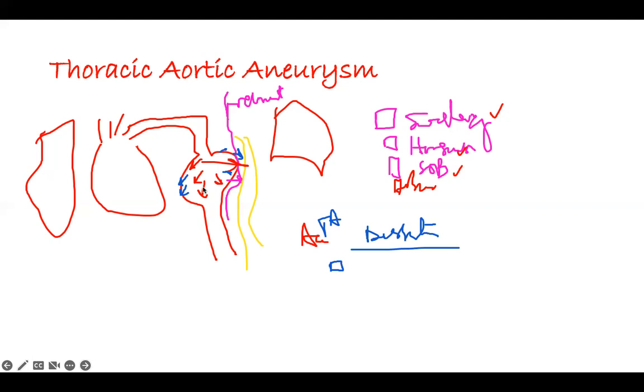It comes with something like a deceleration injury. Like when you're driving and you stop your car right away and your chest hits the steering wheel. Or you fall from a height and hit the ground, and then the aorta gets separated from the wall, and so they can have dissection.